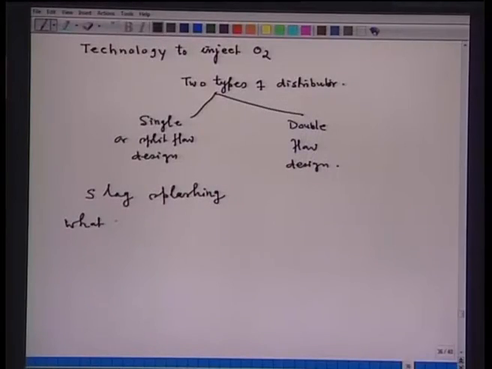Now, what is required for slag splashing? Some composition of the slag is required. First of all, the slag should have MgO content greater than 13%, because MgO will react with Fe2O3 and form a high temperature phase.